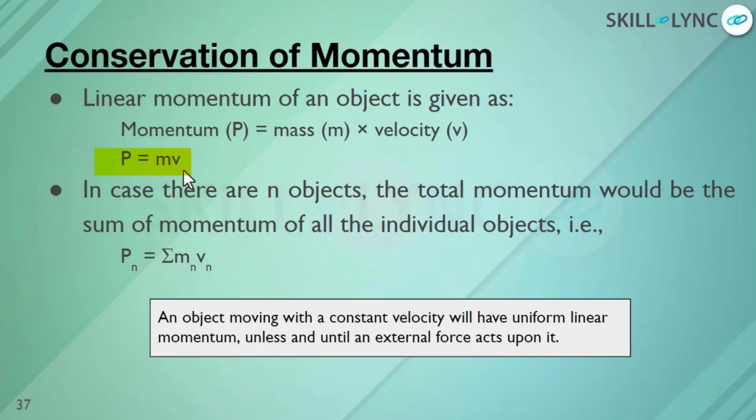So if the velocity is constant, the momentum will also be constant, and thereby, until and unless an external force acts on it, momentum will remain constant.